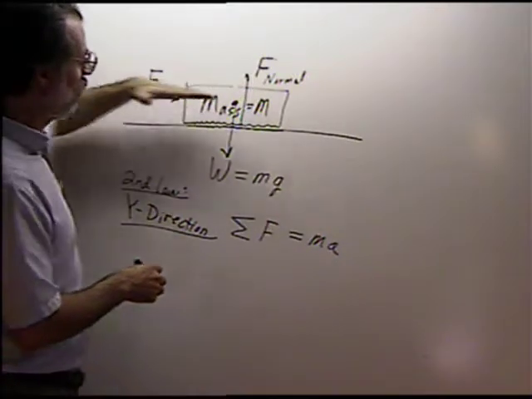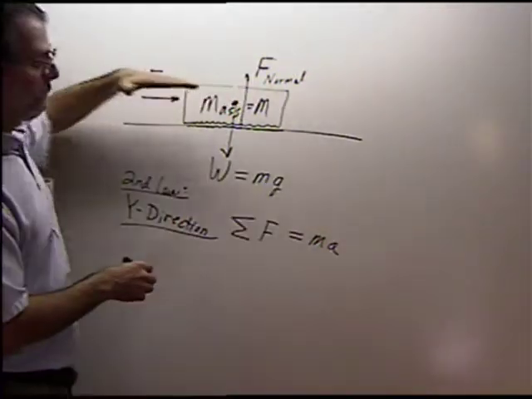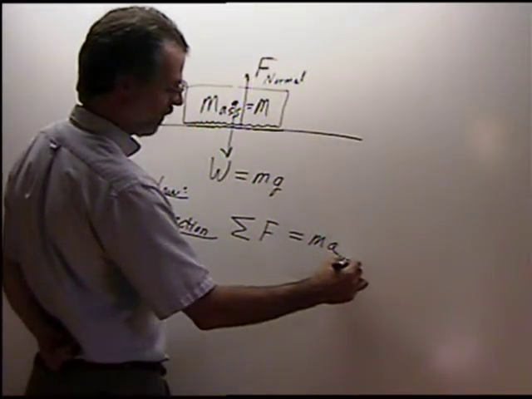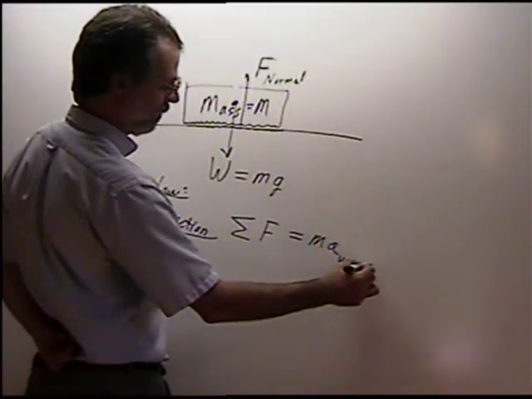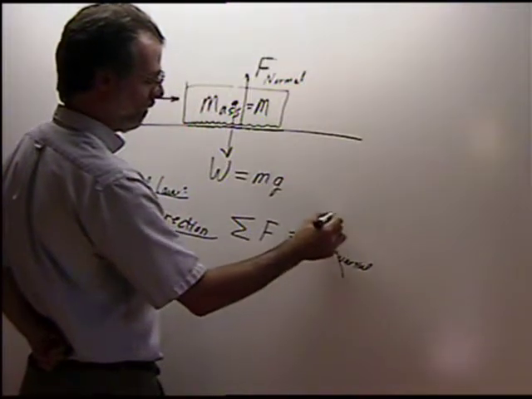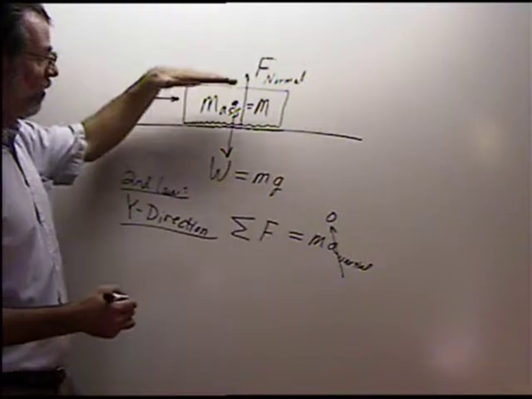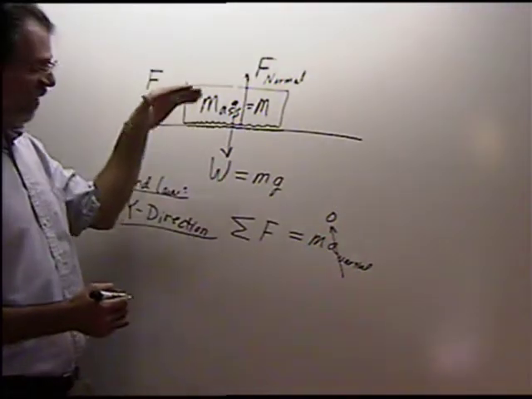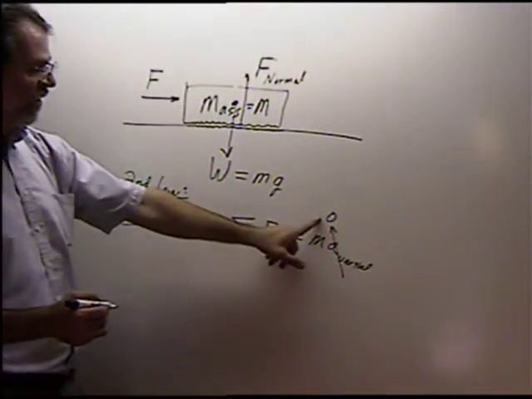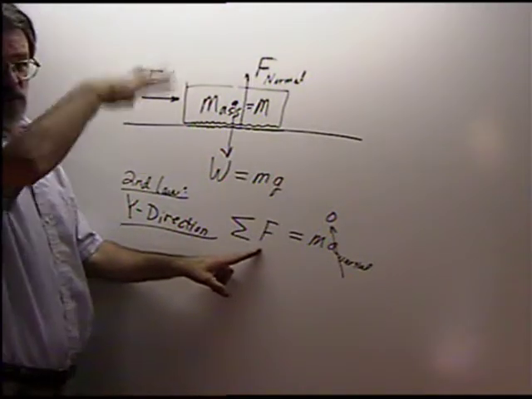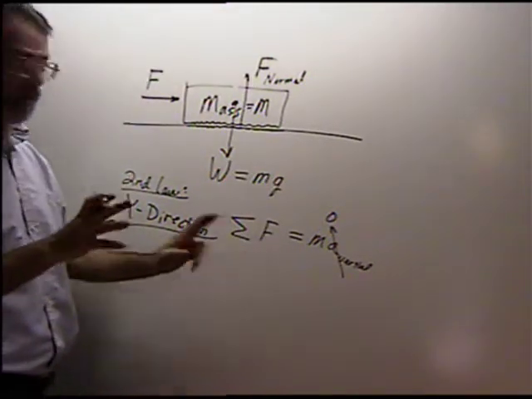No, it's only moving horizontally. So we know that the vertical acceleration is 0. There may be horizontal acceleration, but there is no vertical acceleration. So what does that mean? If the vertical acceleration is 0, the sum of the forces acting on the object in the vertical dimension must be 0.